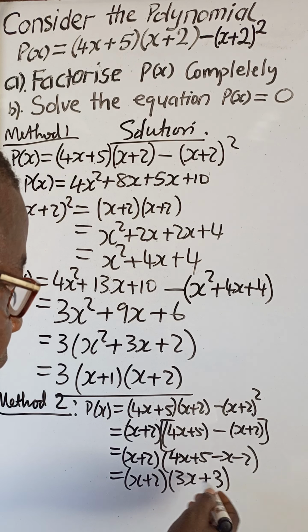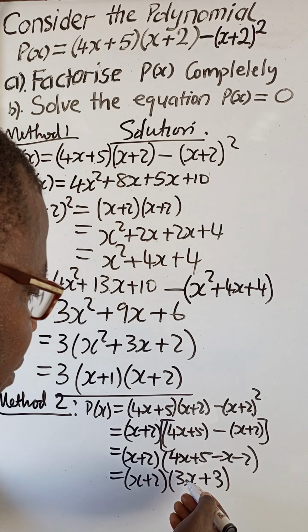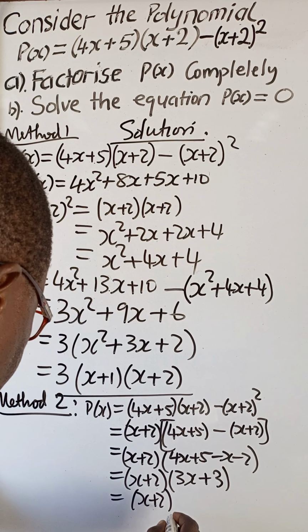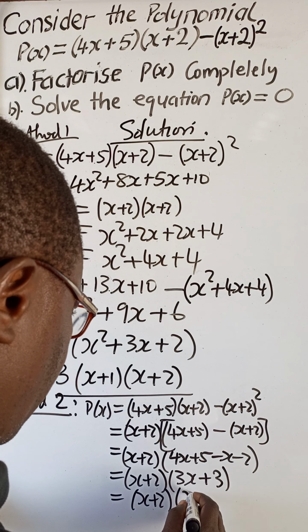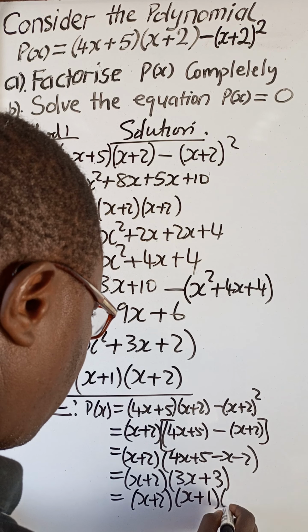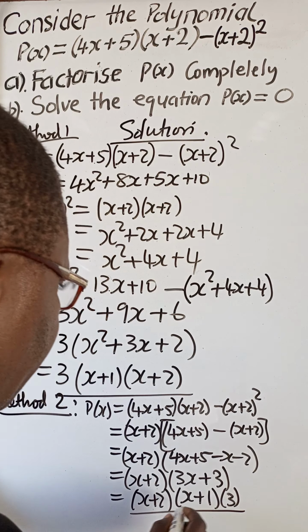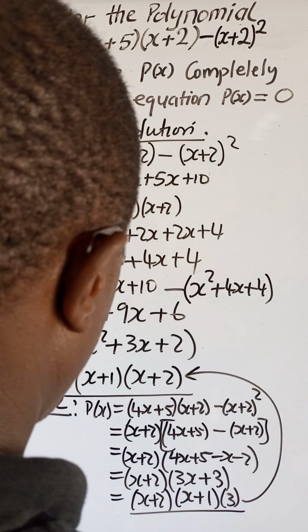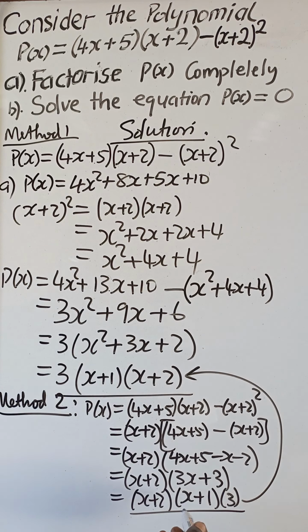And then if you look here again, 3 is common, and 3 can be factorized out. So this gives us (x + 2)(x + 1) multiplied by 3, which is simply the same expression that we have here. So this is the second method, which is shorter and very, very fast. All right, that's it for the first part of our question, A.